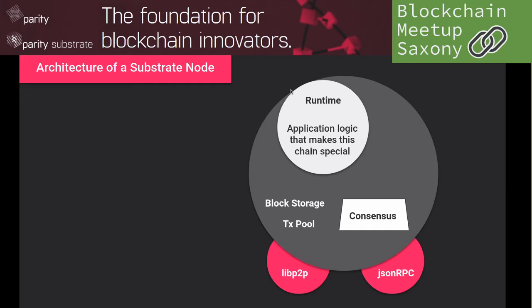So the runtime basically answers the question, what story are we trying to tell with this blockchain? What are we trying to coordinate on? And as I said before, this is where most people will do their hacking. If you have a cool dApp idea and you want to build it on a blockchain built on Substrate, you're probably going to hack in the runtime.